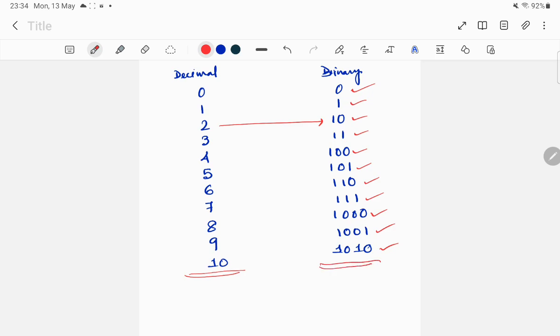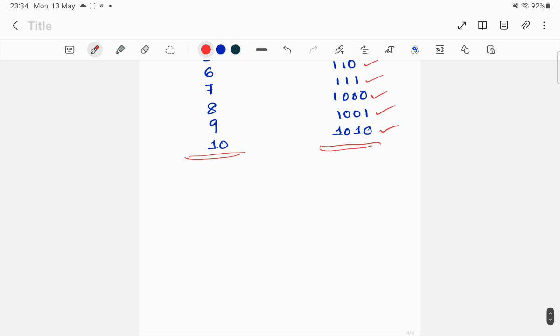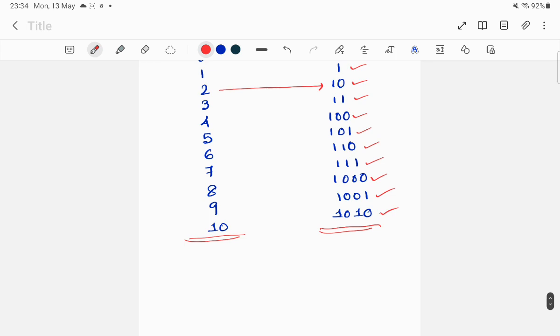To represent larger numbers, you need more bits. You may have heard about 32-bit or 64-bit configuration in computers. That is just to accommodate larger numbers and larger data for smooth functioning of the computer. So that is all about the concept of memory units of a computer. Thank you.